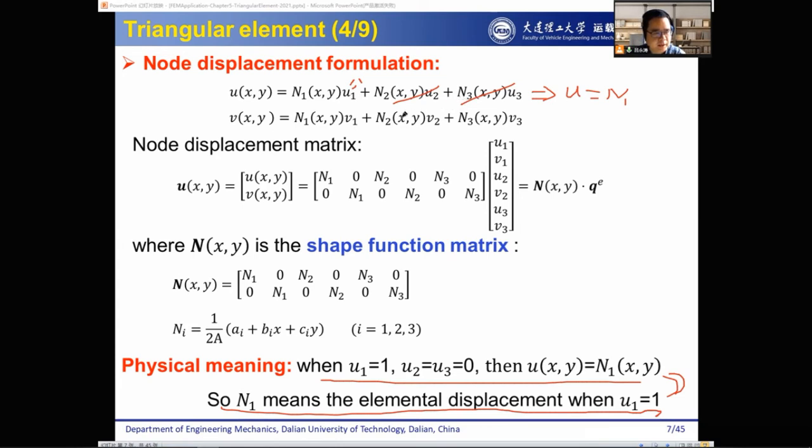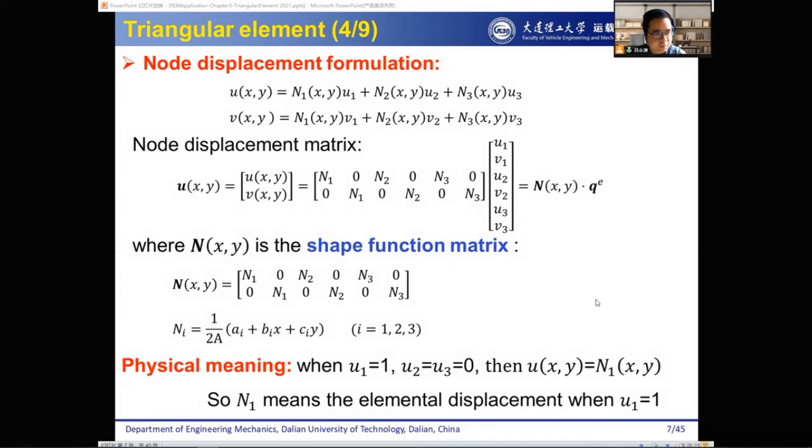Similarly, we can get the physical meaning of N2. N2 is the element displacement when u2 equals 1 and u1 and u3 equal 0. All right, this is the physical meaning, and you should understand this. Also, you should be able to extend to other scenarios.